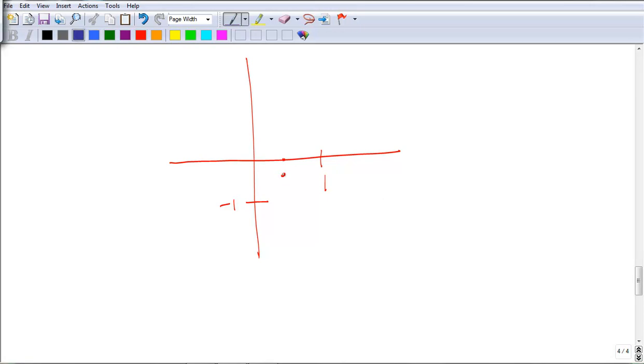Let me draw it in blue. The critical point has coordinates 1 over e, negative 1 over e. And it has an x-intercept at 1, 0.